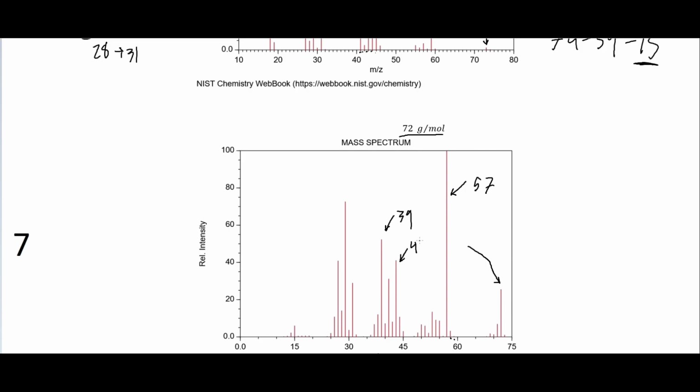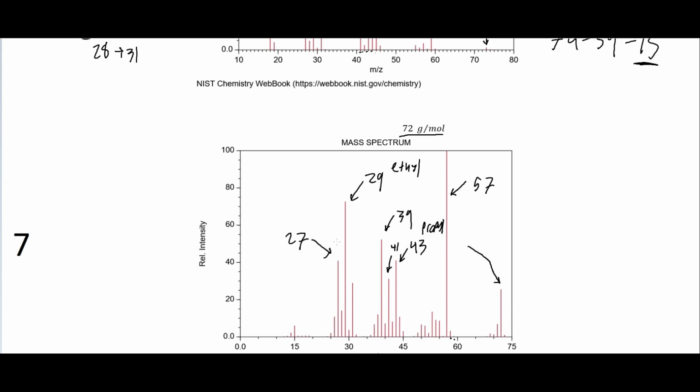So we have 43 right there. Then we have this one which is 29. Well, the 29 is going to look like our ethyl group. The 43 looks like a propyl group. The 39 doesn't really fit into any of our known alkyl groups. Looks like we also have a 41 down there. Then this one would be a 27 right there.